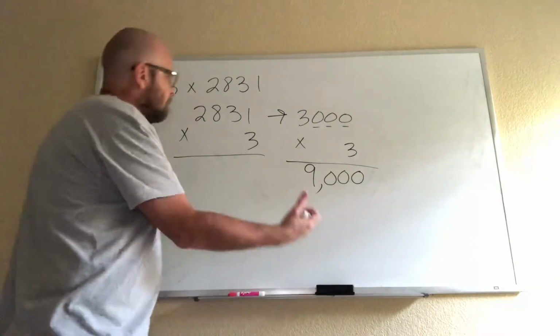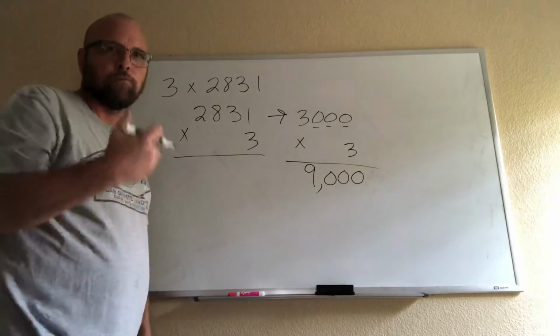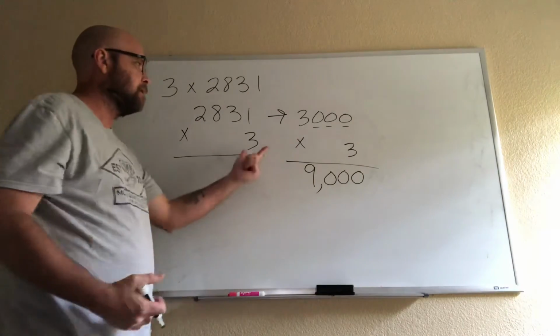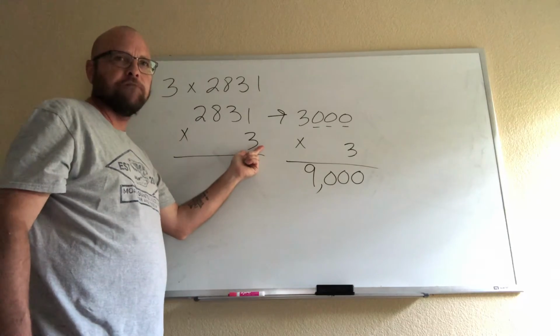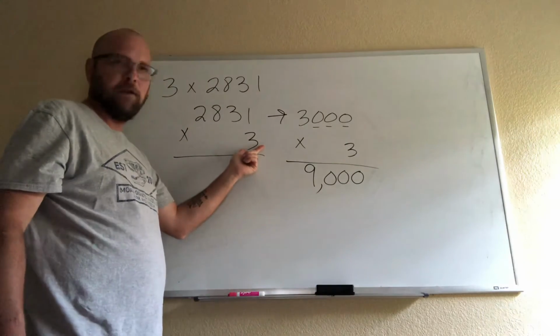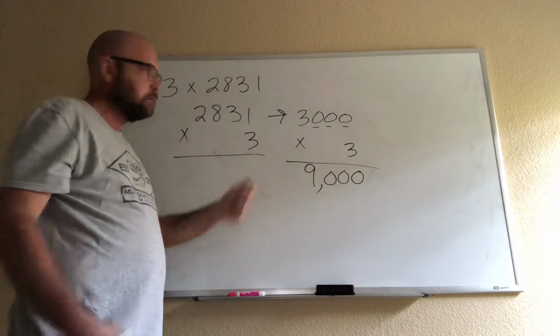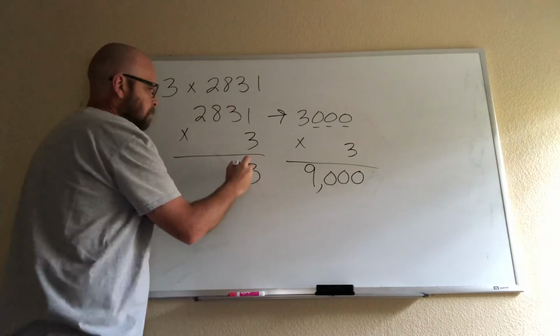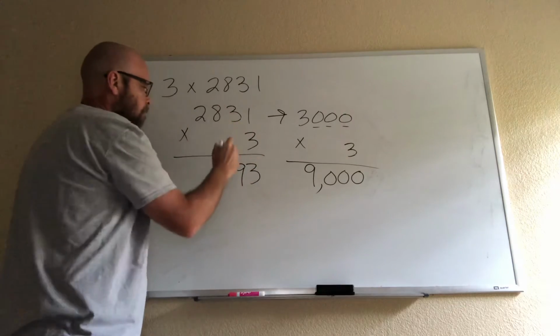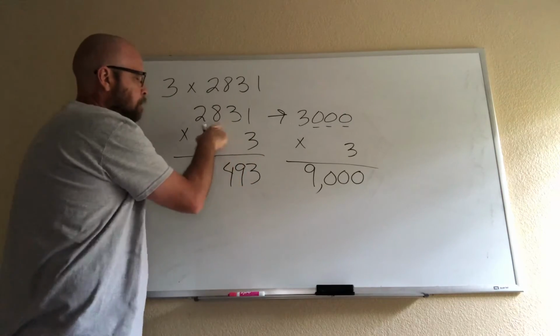Now I can find the actual product. And again, all I need to know to start is my multiplication facts of 3. 3 times 1, 3. 3 times 3, 9. 3 times 8, 24. So I have 24 hundreds.